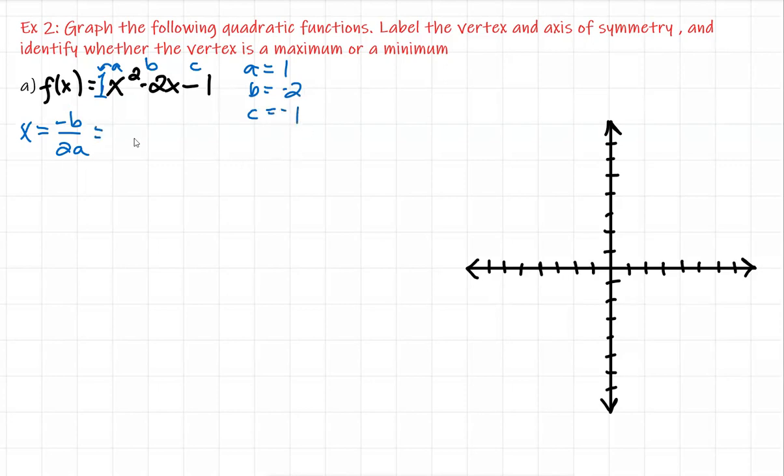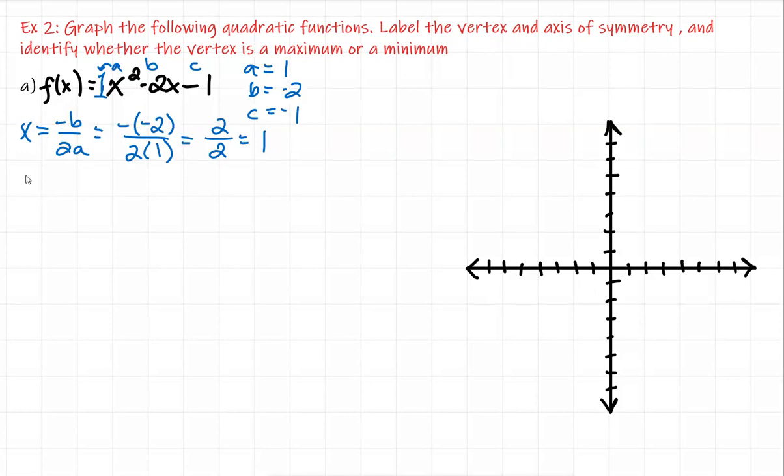If we do this, we have negative 2 divided by 2 times 1. Negative negative 2 is positive 2, divided by positive 2, which is 1. So that's the x value of our vertex.